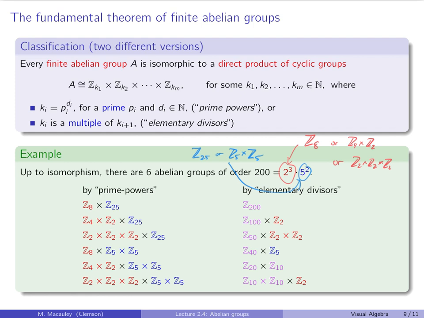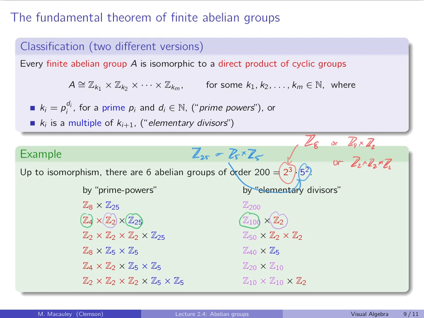Over here, we're going to take the largest power of 2 and the largest power of 5, so that's Z4 and Z25, and that will give us Z100. And then we say, what's left over? Well, now we have Z2 and Z2 left over. So this is like a greedy method of just taking largest powers of the primes first.